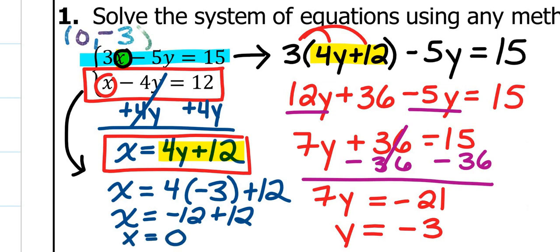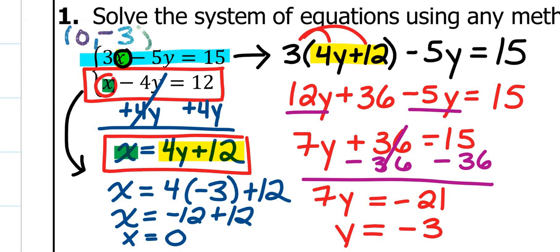So to recap, using the substitution method, you pick either of the two equations when you start to solve for a single variable. I chose to solve for x because x didn't have a coefficient, and it was going to make it quicker. So x was now equal to 4y plus 12.